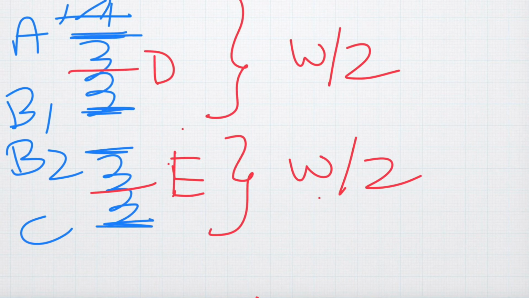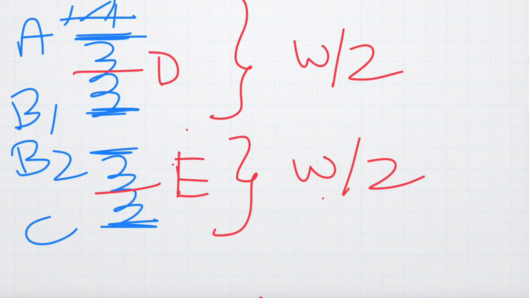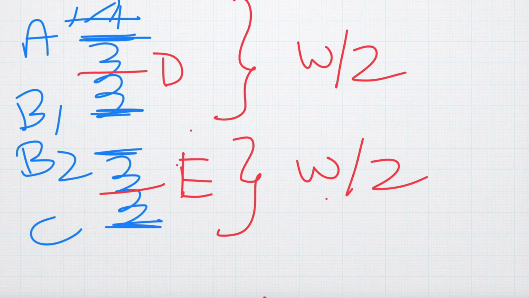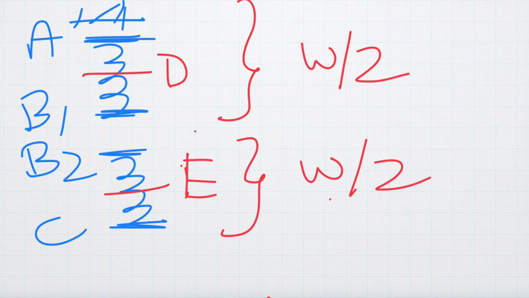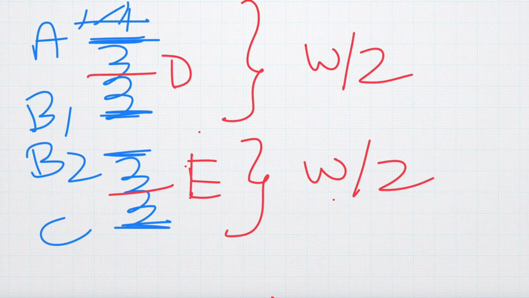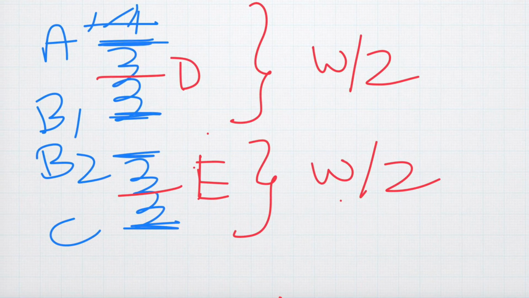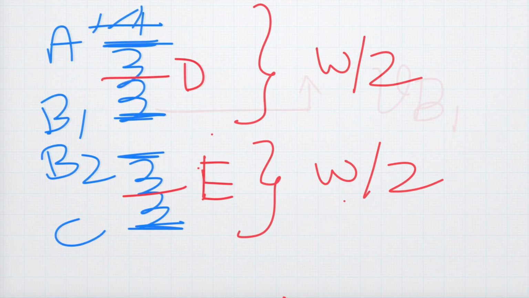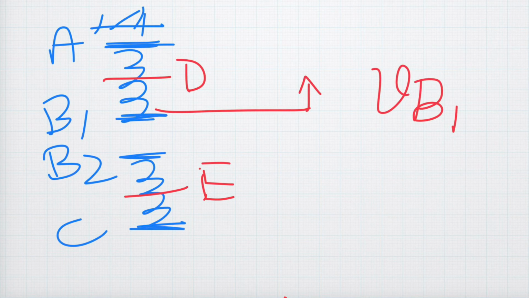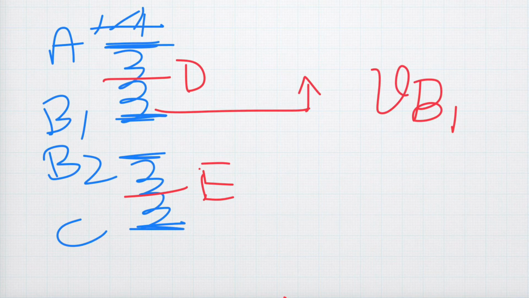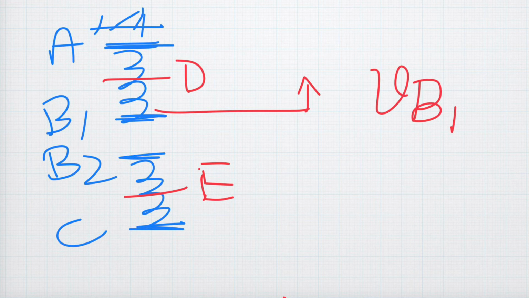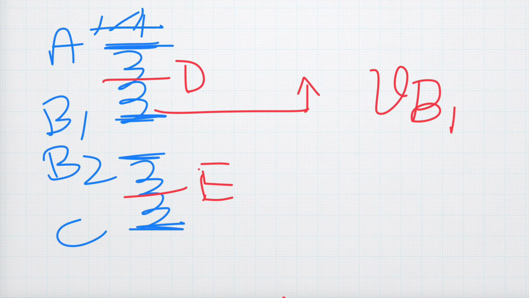That means at B, W by 2, that is half of the weight of the spring, was acting. Now after this cut at B, for the upper spring, that force is not acting. Therefore B1 will move upwards, as we have already discussed, but at the same time A will move downwards.